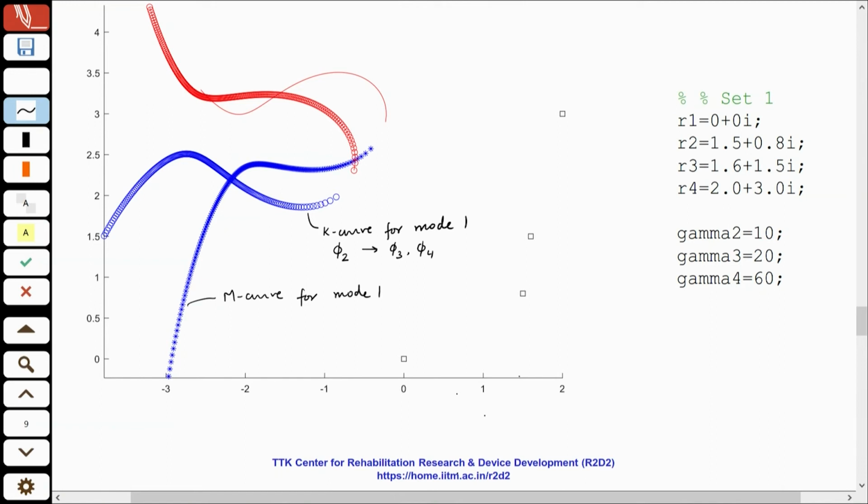And I can also plot for mode 2, which means this is my K curve for mode 2, where when I vary phi 2 I get phi 3 dash, the other set of solutions for phi 3 and phi 4. So, phi 3 dash and phi 4 dash, that is my mode 2, and I get this as the center point curve and this as the circle point curve.